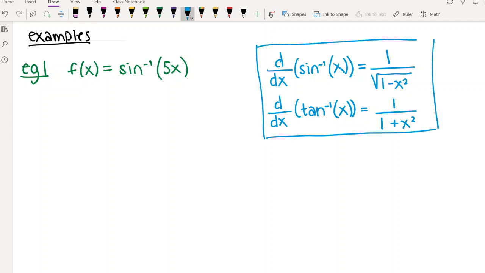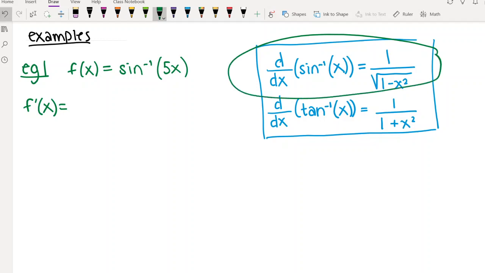Okay, so this one is a chain rule problem, right? Because our input is not just x, it's 5x. And so we need to apply the chain rule and take the derivative of the outside, leaving 5x as our input, and then we'll multiply by the derivative of 5x. So that outer part of the derivative is just taking this derivative rule here, and instead of putting an x, we'll put a 5x.